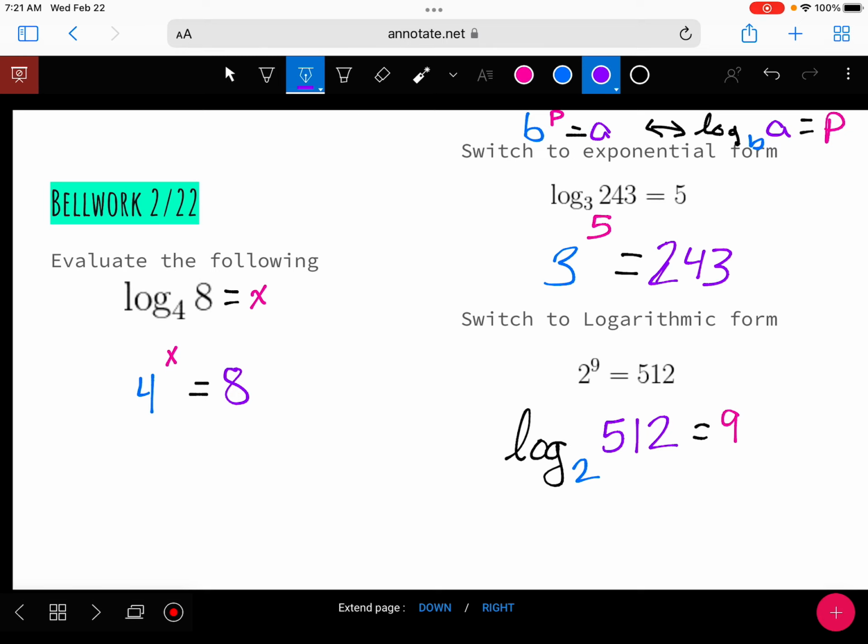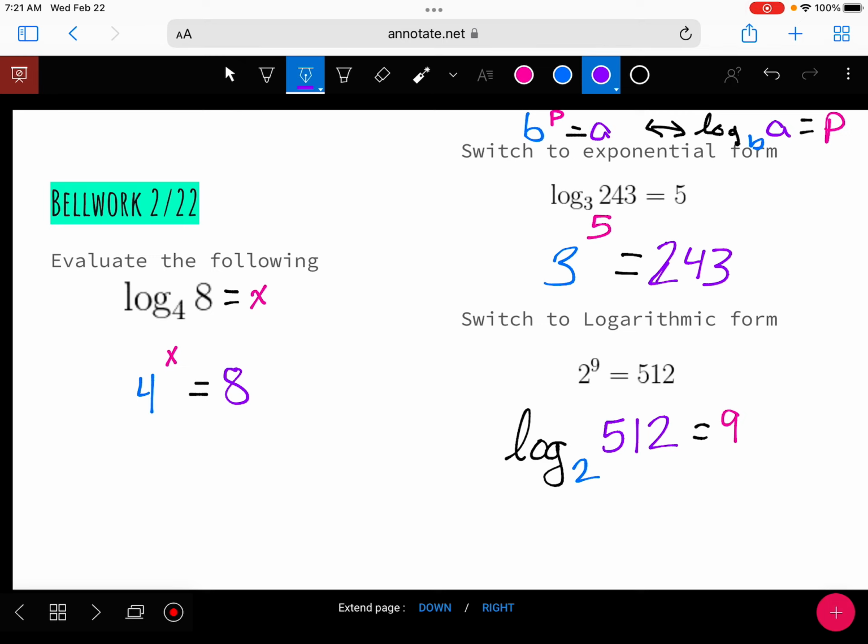And now we want to solve this. Think about our exponentials, how we would solve them like this. What can I do to be able to figure out what the X is in that exponent?